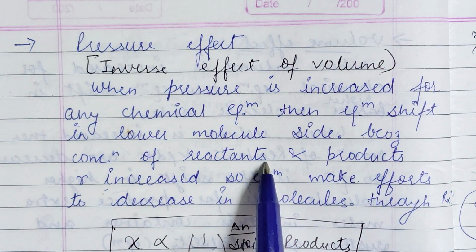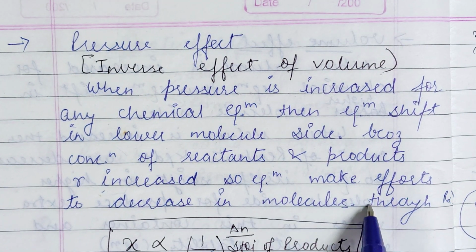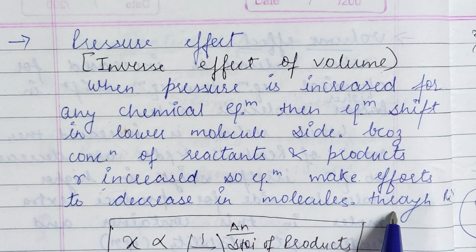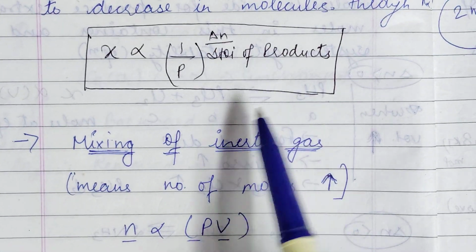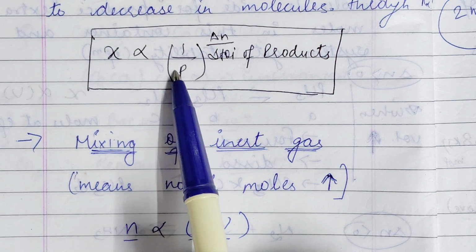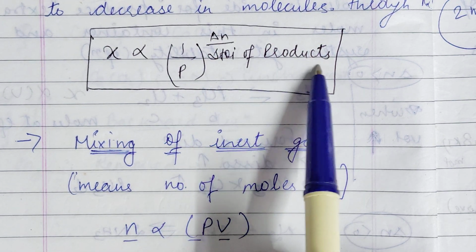When pressure increases, the concentration of reactants and products is increased, so the equilibrium makes efforts to decrease the molecules through reaction. X is proportional to 1 upon P whole power delta n upon the stoichiometric coefficient of products.